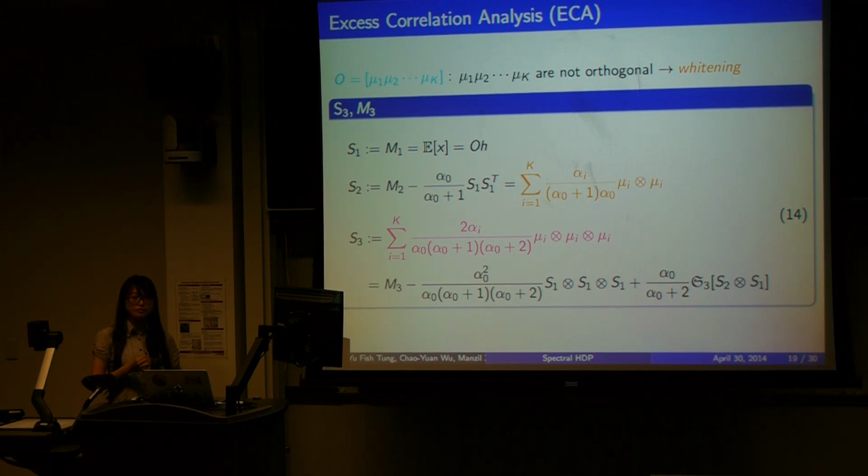But K is small, so it's okay. And is there a proof that the iteration converges to the desired solution? We have a guaranteed bound, and also a small experiment proved that this works. Okay, thank you.